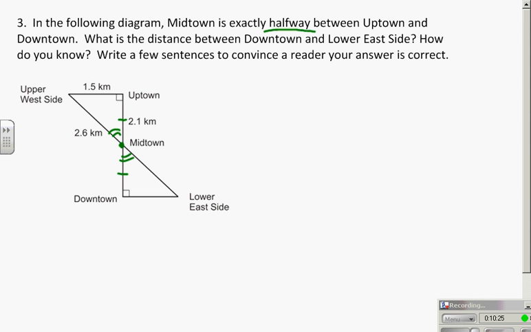If we treat this like a proof for a minute, these two angles are equal by the vertical angle theorem. So my triangles are congruent by angle, side, angle.